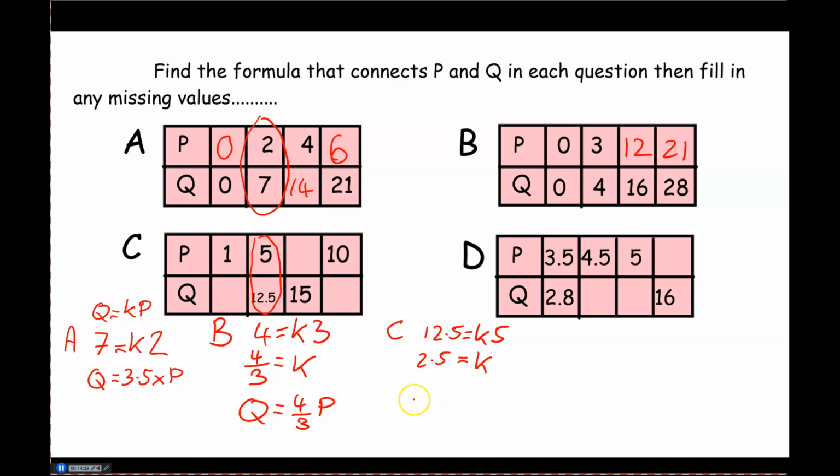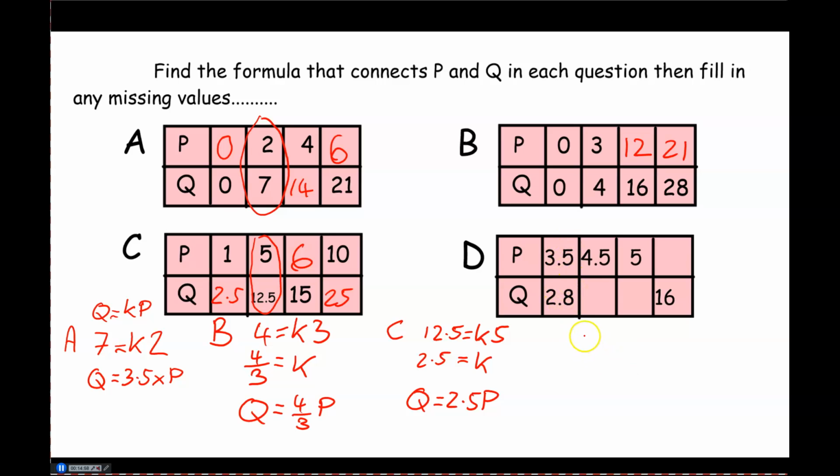So our formula, and once you've actually got that, it's fairly straightforward. So if P is 10, that must be 25. If Q is 15, I'm just going to divide 15 by 2.5. Gives me 6, and then that must be 2.5. 1 times 2.5.